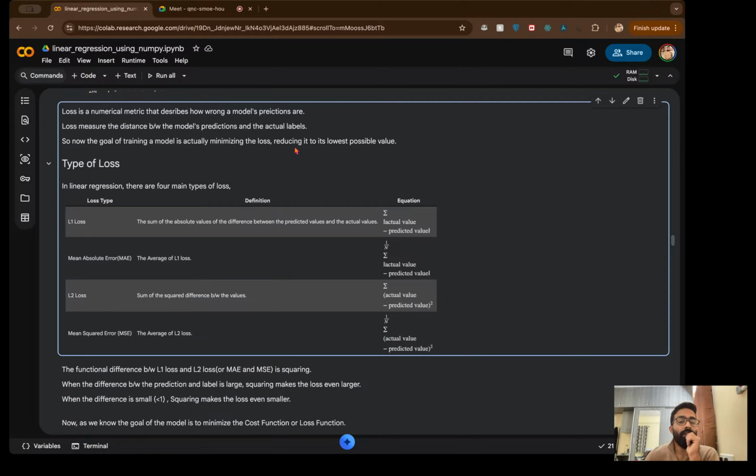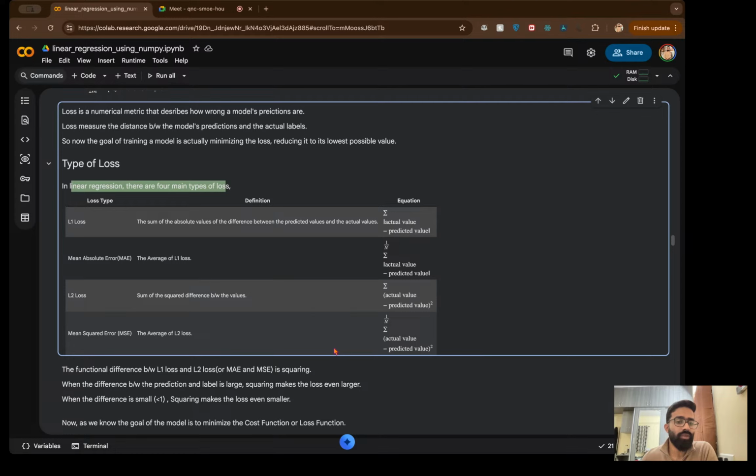Now, are we together till this point, Simran? So far the understanding is on the same page, right? Now, there are certain types of losses. In linear regression, there are 4 main types of losses: L1 loss, L2 loss, mean absolute error, mean squared error.